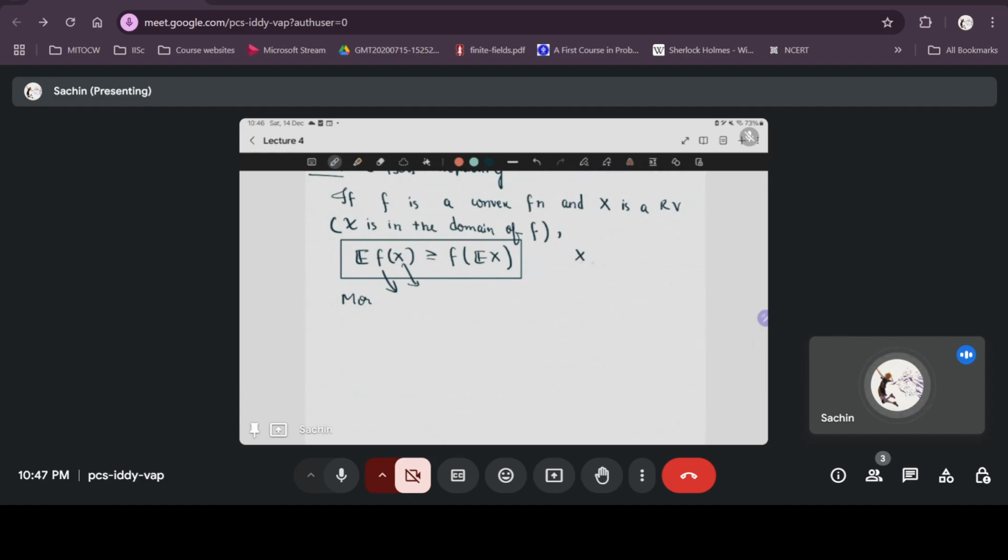So x could be 1, 2, 3, 4, 5, 6. F of x could be such that all the odd numbers go to 0, and all the even numbers go to 1. So in that sense, the probability distribution of x and the probability distribution of f of x are different.